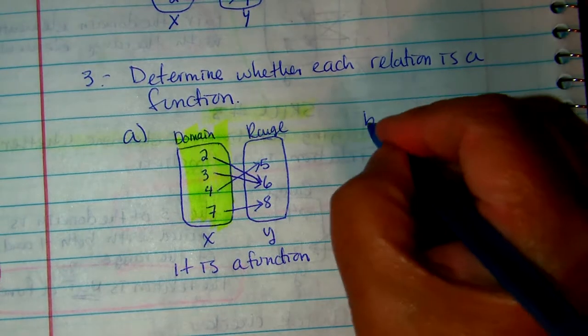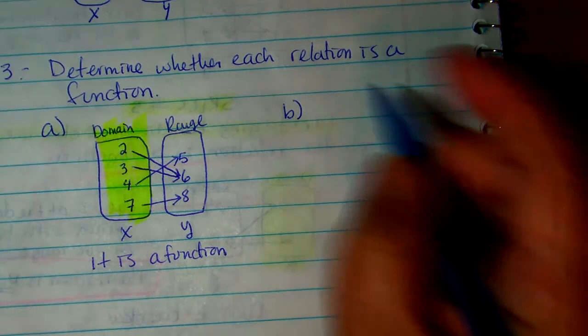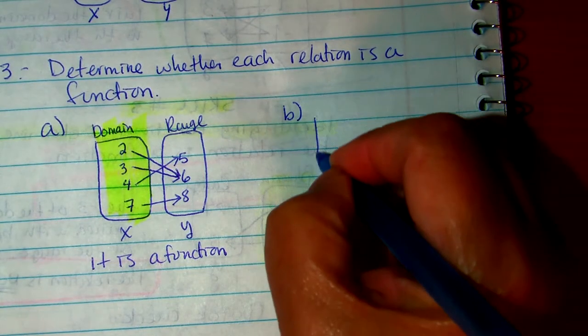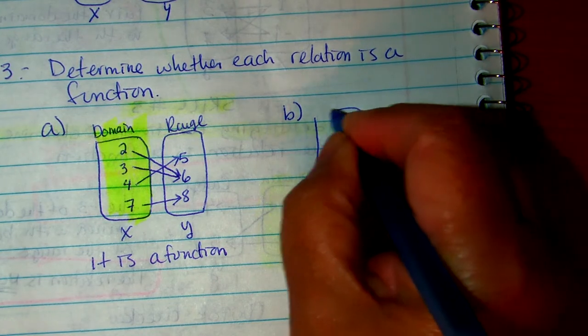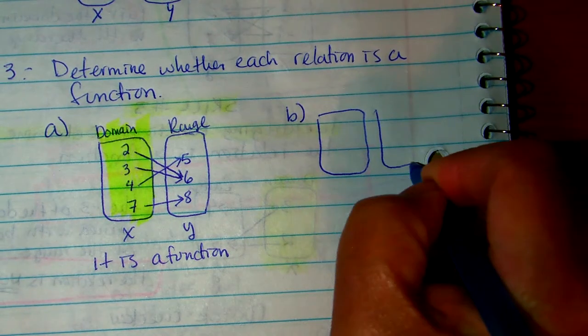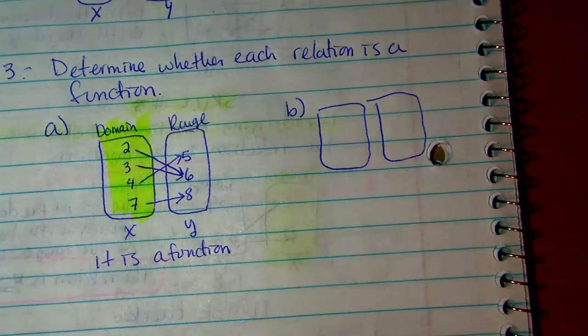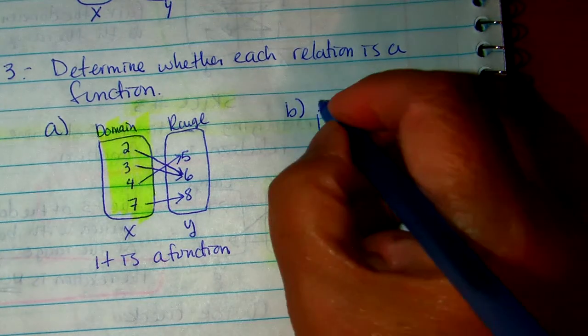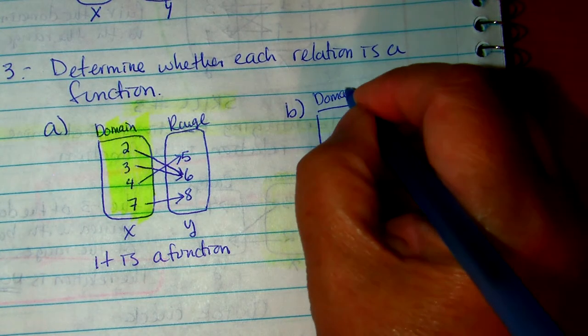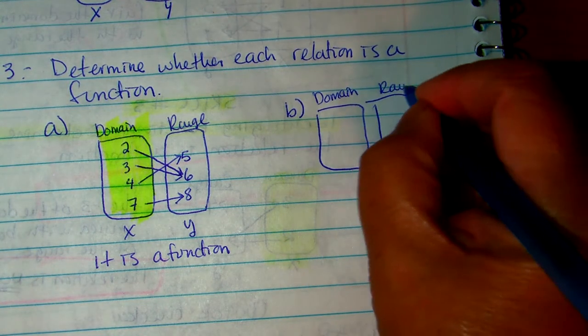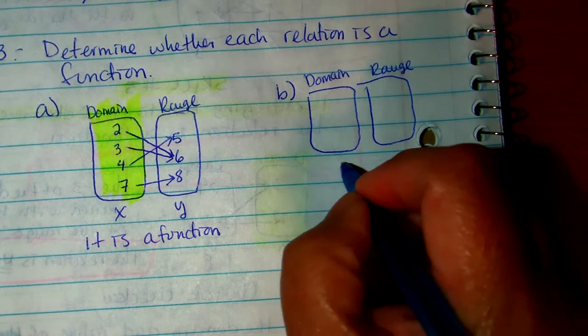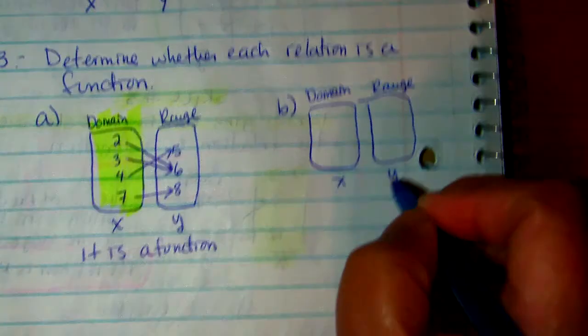Then letter B. We have this right here. Domain, range, x's, y's.